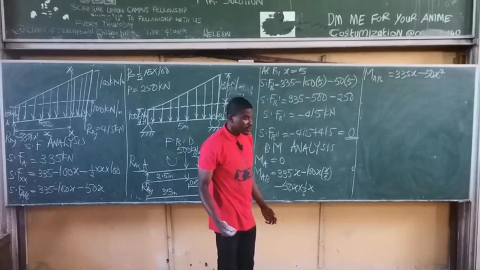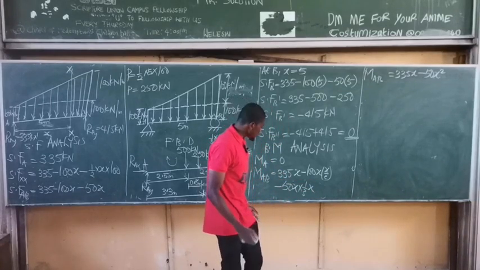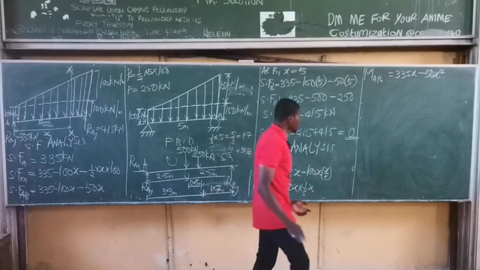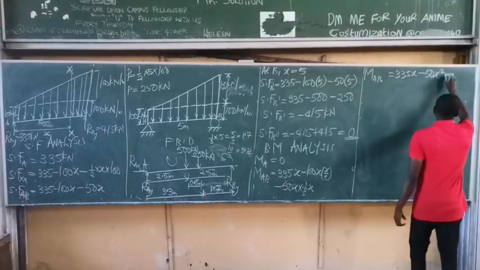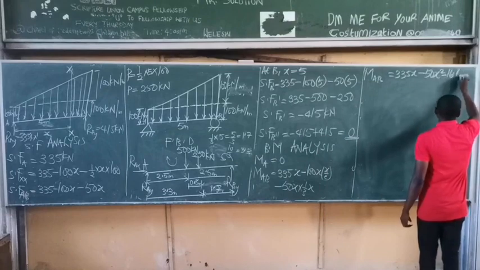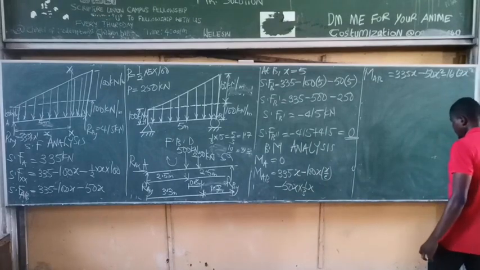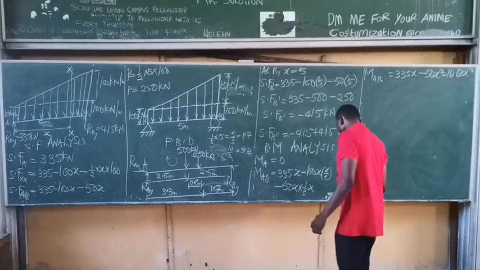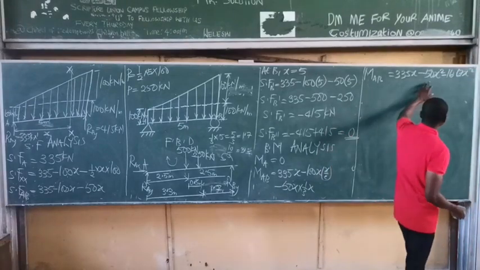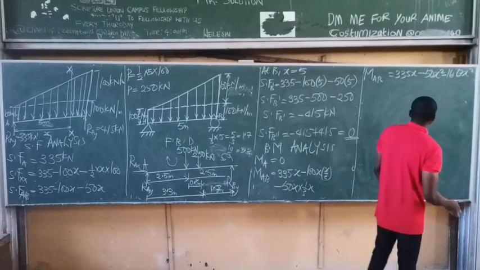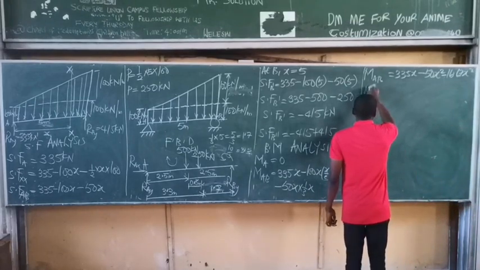What's 50 over 3? 16.67, so minus 16.67 times x squared. Of course we have x squared here and x squared here.